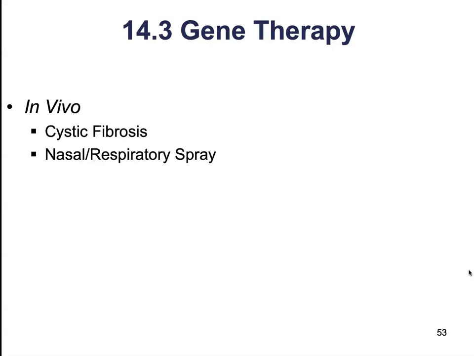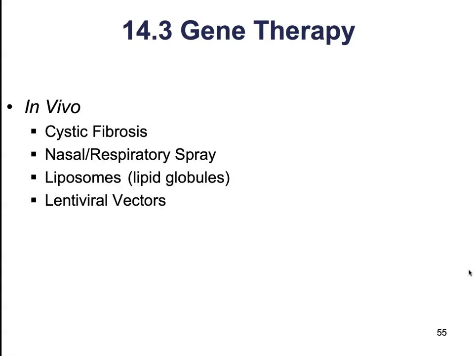So because we have that faulty protein channel, we can treat it by using a nasal spray or a respiratory spray to spray liposomes or lipid globules that contain those lentiviral vectors. These are going to contain the gene necessary to produce the correct protein ion channel.